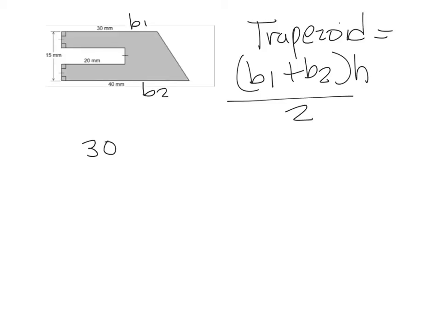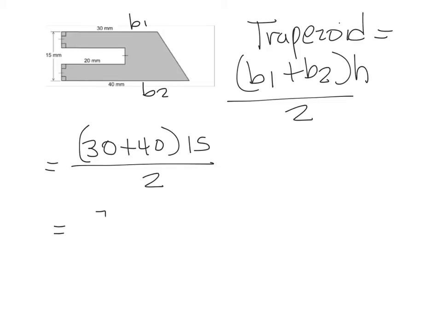So we say 30 plus 40 times the height, which is 15, into 2. So this is 70 times 15 into 2.